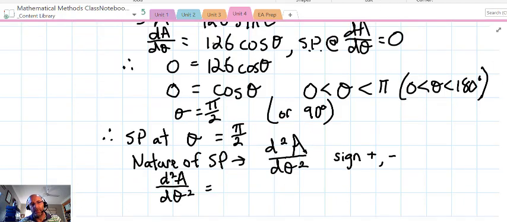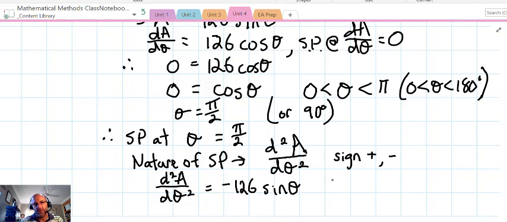Before, we found the first derivative was 126 cos theta, so let's take the derivative of that to get the second derivative. Cos goes to negative sine, and so we have negative 126 sine theta.